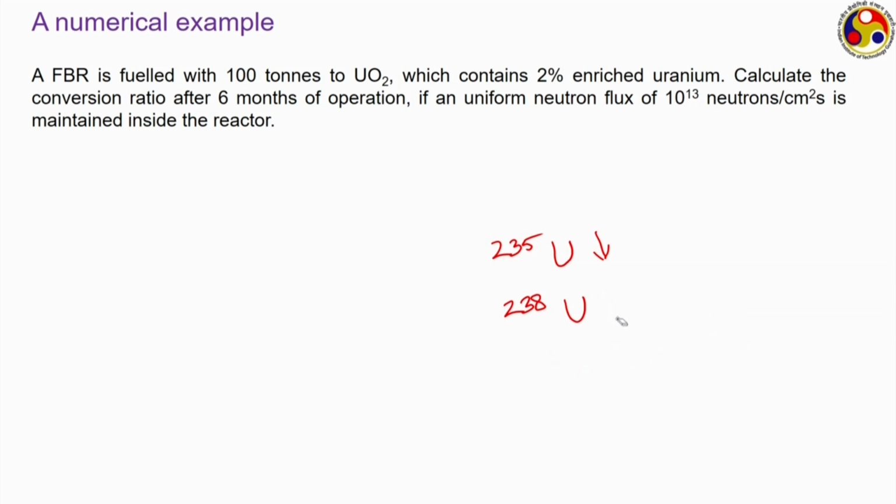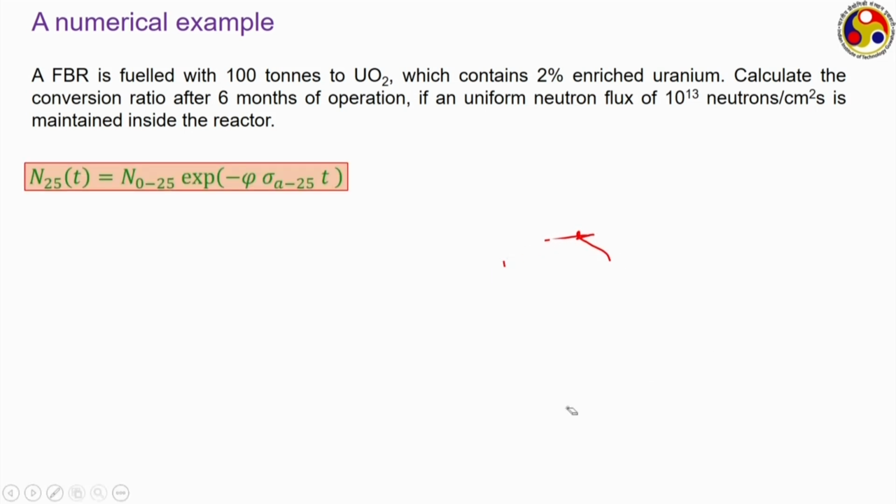If you just go back to module number 6, there we did a small mathematics to discuss the control issues, and there we identified this expression. N25 refers to the concentration of uranium 235 nuclei and how it changes with time.